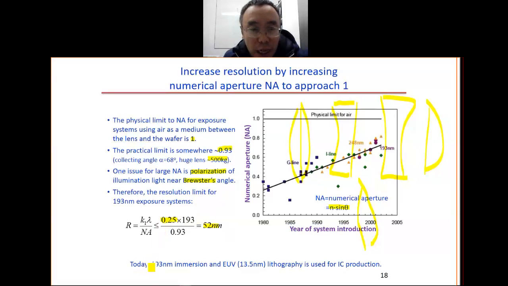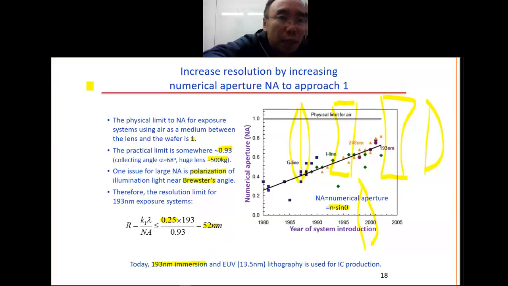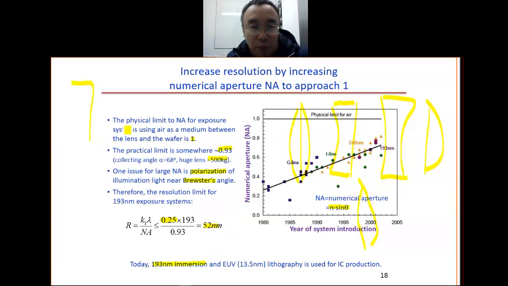Again, today we can use 193 nanometer immersion lithography to make the 7 nanometer node. The combination of 193 nanometer and EUV wavelength is used to make the 5 nanometer node.